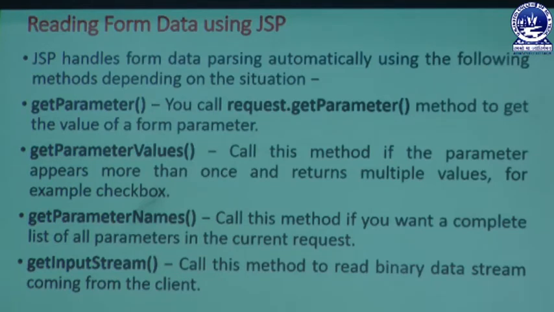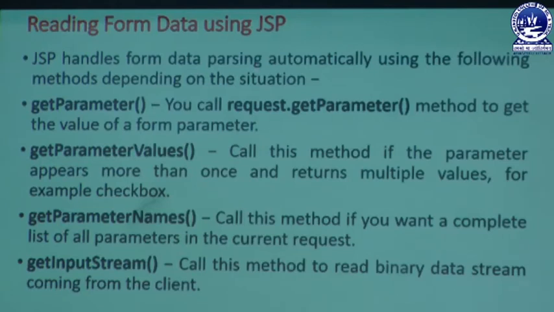First of all, we are using the getParameter method. What is the real use of the getParameter method? It helps us call request.getParameter to get the value of a form parameter. That means we have a form, and that form contains some parameters. From those parameters we need to retrieve information for the front end.